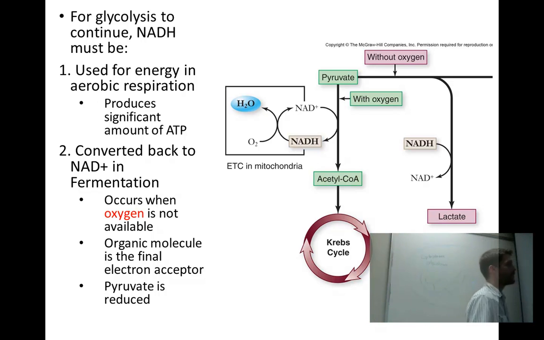So when oxygen is not available, or when you're working too hard, when you do very strenuous exercise, you don't have enough oxygen in your muscle cells. So your body will switch from aerobic respiration to fermentation. Well, it won't switch. It will do that in addition to aerobic respiration.